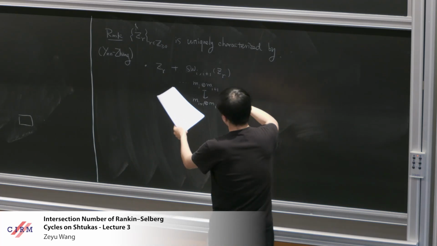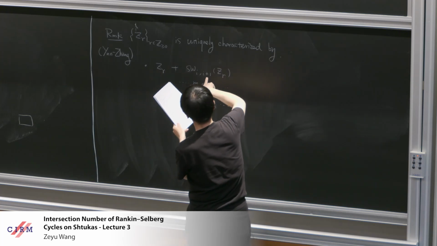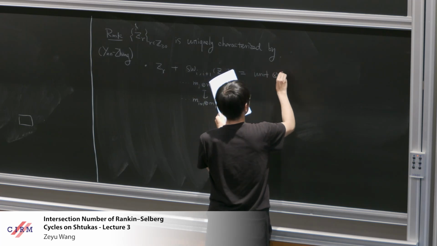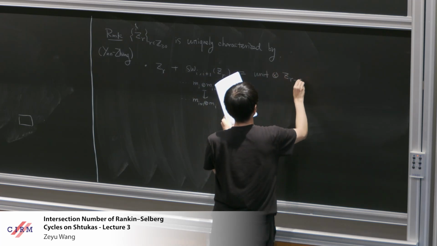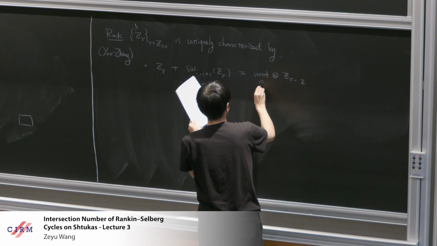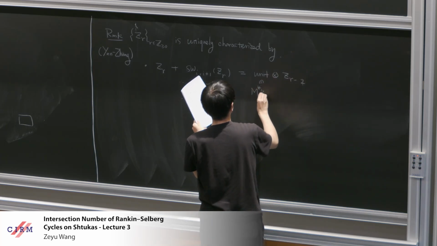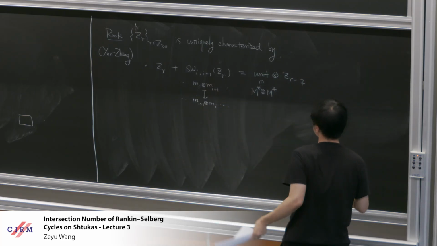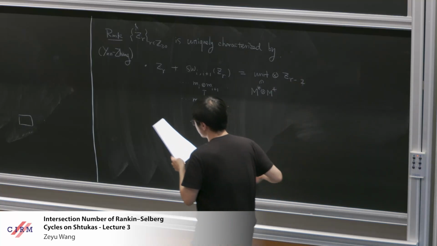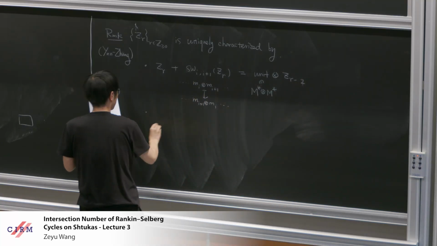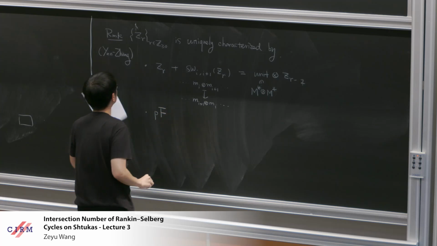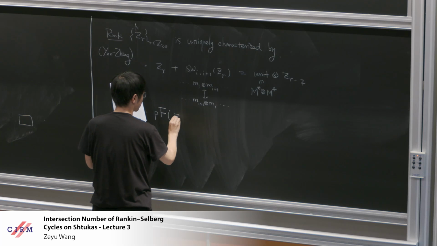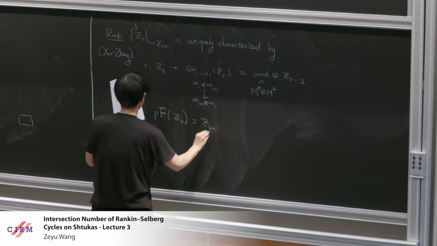If you consider this thing plus its swap, it will be a unit tensor with Z_{r-2}. This unit is some element in M* tensor M*, and this is in M* tensor to the (r-1) power. This is always true. The second property: there is an operation on this M tensor power called the partial Frobenius, and Z_r is stable under partial Frobenius.